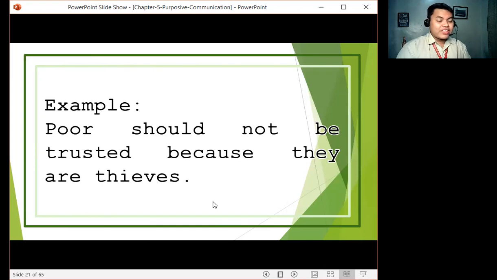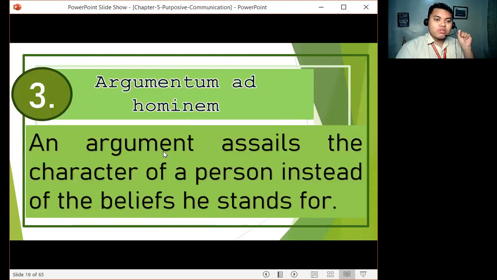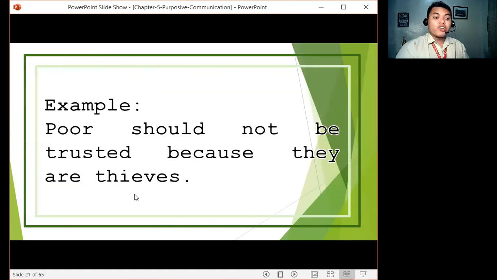The thieves there is the characteristic of the poor, which you are trying to assail, the characteristic of a person without considering the belief that you are standing for. Just because the poor are thieves, you will not trust them? Okay, that's the argumentum ad hominem. So if you are looking for argumentum ad hominem, you have to make sure that there is a character of a person. Okay, if there is a character of a person, that is argumentum ad hominem.